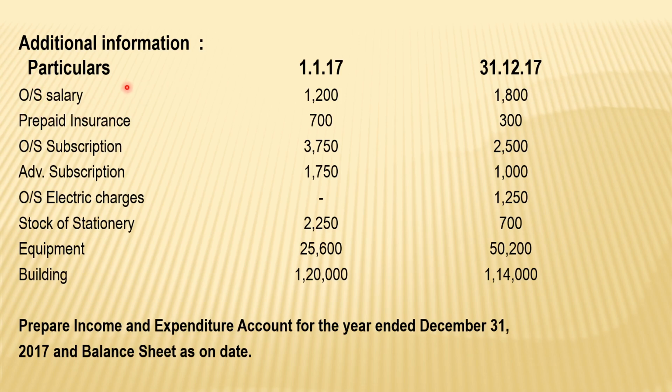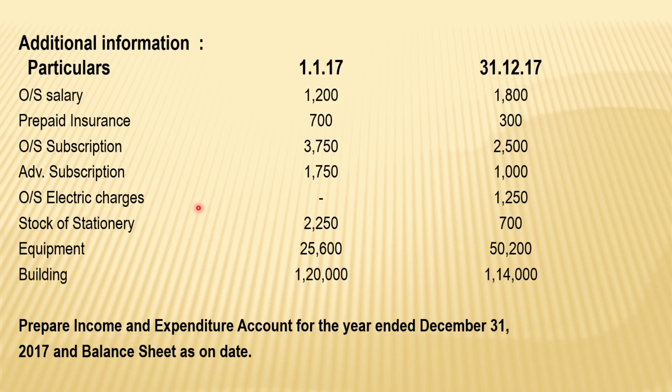Outstanding salary means salary so far not paid, it is a due, we have to pay in future, it is our headache, so it is a current liability. What about expenses prepaid? We can get the benefit in future, so it is our asset. Similarly, outstanding subscription, related to income due, is a receivable, so an asset. Income received in advance is a liability.